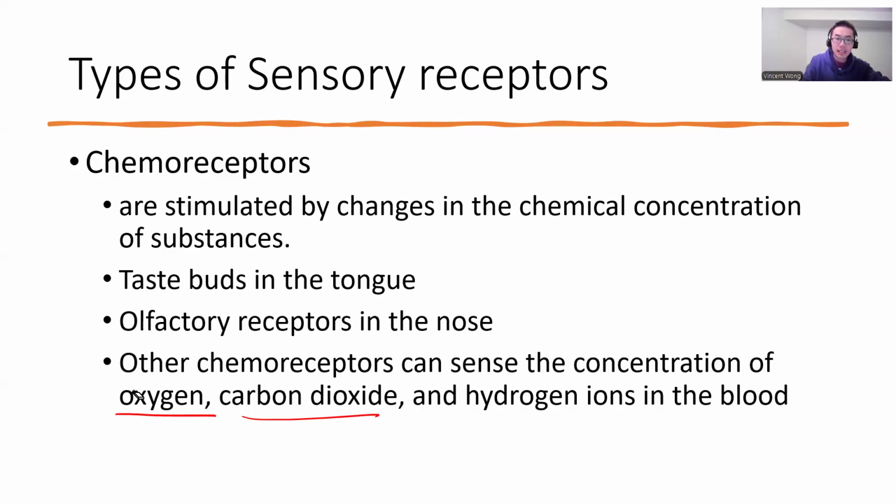We learned these in lecture 4. We have the carotid body that detects oxygen in the blood. That's located in the carotid artery. And carbon dioxide sensors would be found in the brainstem, for example, in the respiratory center, right? The medulla oblongata, that detects carbon dioxide as well as hydrogen ions.